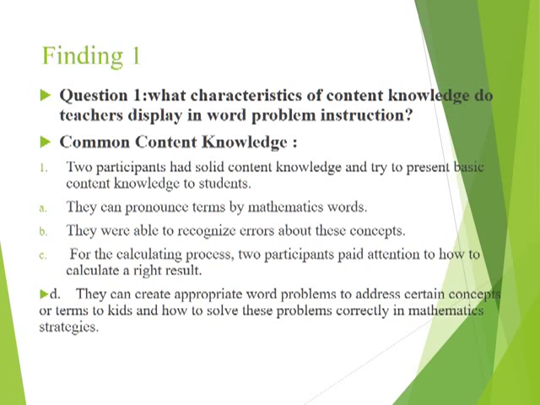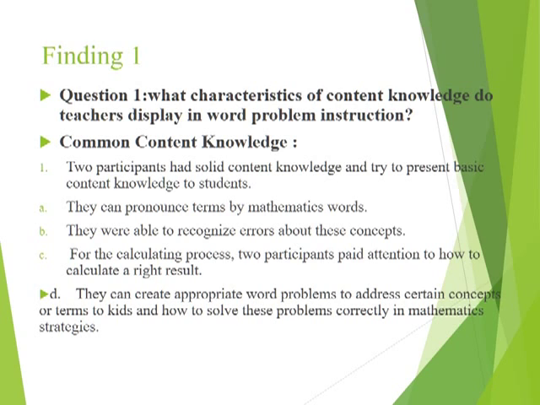Findings. For the first research question, I found in the common content knowledge field, two participants had solid content knowledge and tried to present basic content knowledge to students. For example, they can pronounce the terms of mathematic words. They were able to recognize errors about these concepts.